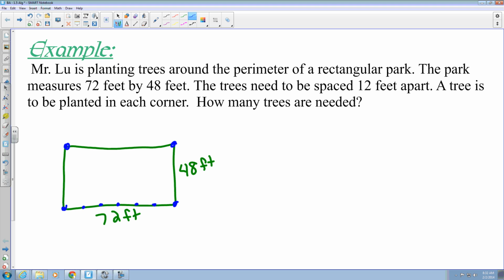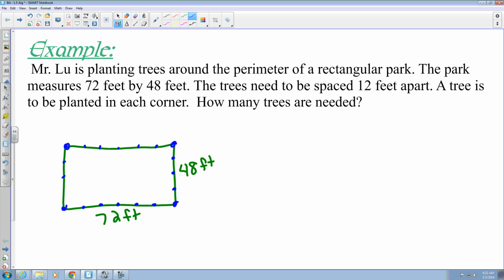And then that would be 72. And then there's going to be a tree here at 12, 24, 36. So if you look here, on the bottom, in between the corners, I got 1, 2, 3, 4, 5. So I'm going to put 1, 2, 3, 4, 5 on the top. And then from the right, it was 3. So I'm going to put 3 on the left-hand side.